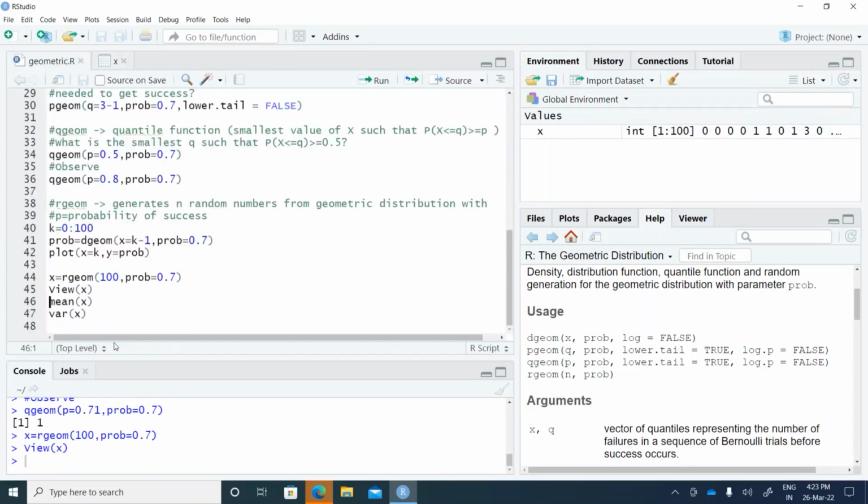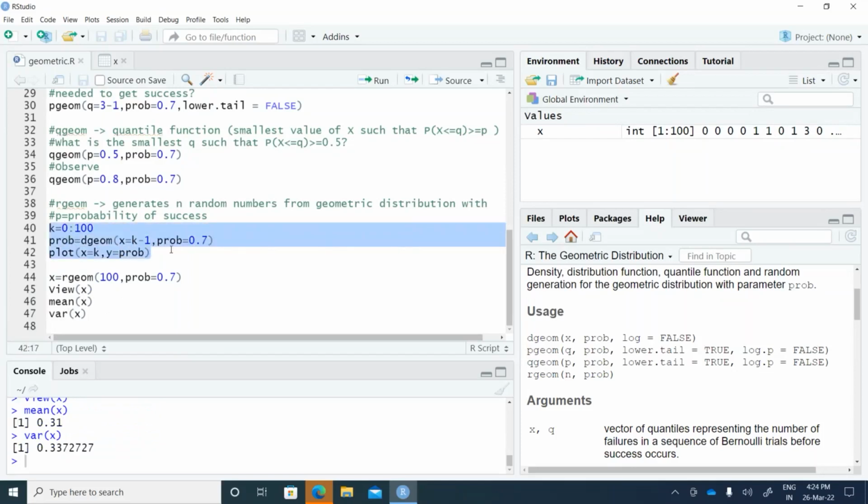Okay. And then we can check out the mean of the data, look at the variance of the data, and look at the summary, everything. Okay. And if you can see the above 3 lines, I have given the commands to plot the probability distribution curve for the geometric distribution.